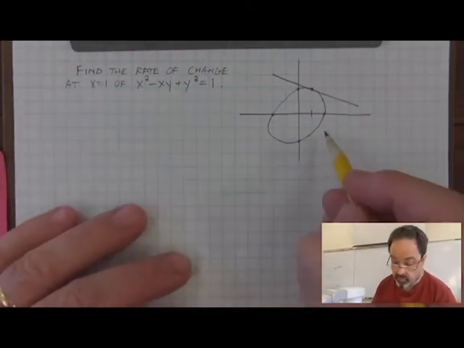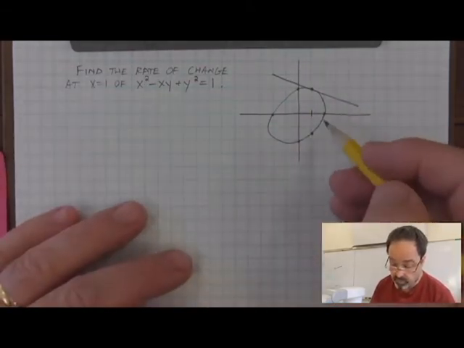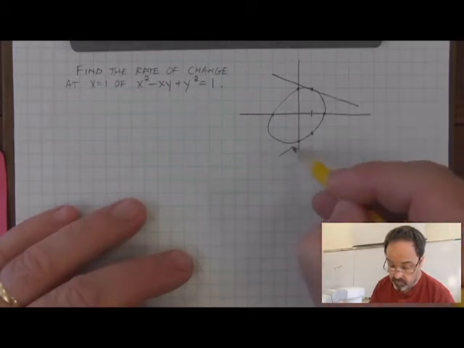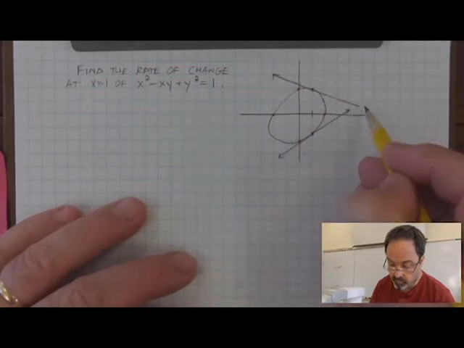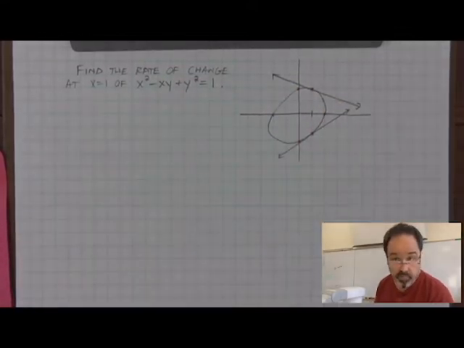But there's more than one intersection at 1, more than one tangent line. Therefore, more than one rate of change.